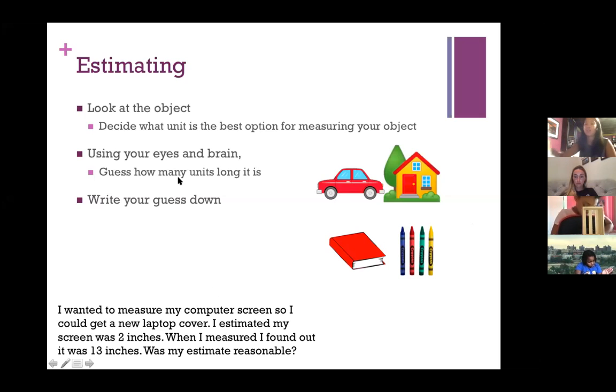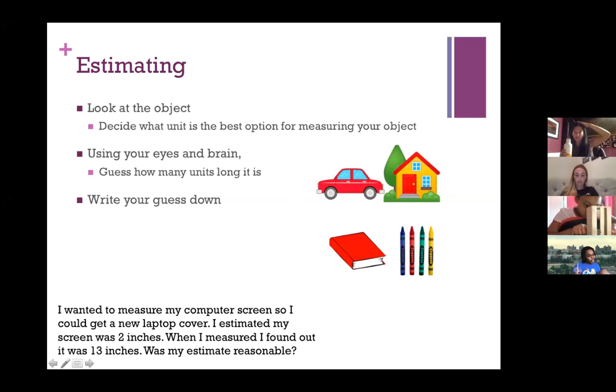So as I look at my object, I'm going to measure from bottom to top. I'm going to look at the object and decide which unit is the best to measure my object. So I told you a foot is about the elbow to the wrist. Is the foot a good use of measurement? Oh my goodness, I think my water bottle is about 1 foot tall.